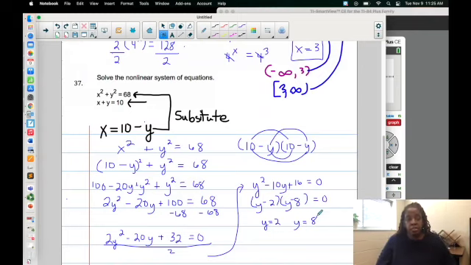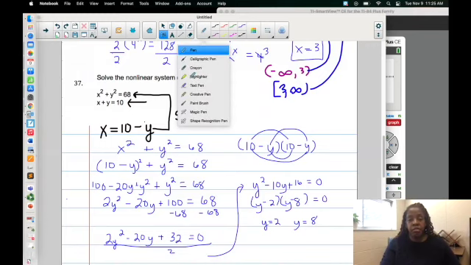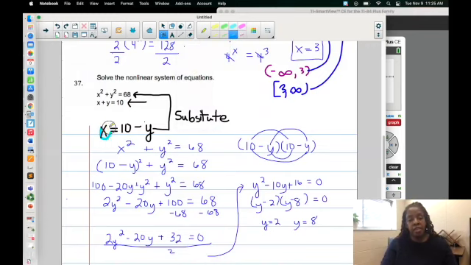But what about x? Now what do we do? We've got to go all the way back to the beginning where we said that x was equal to, you guessed it, 10 minus y. Now we can figure out what x is.